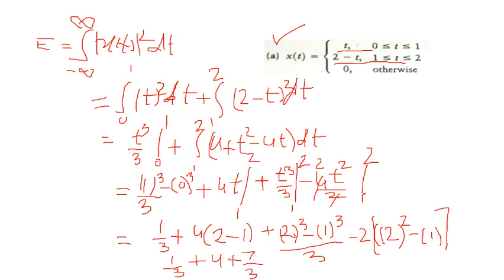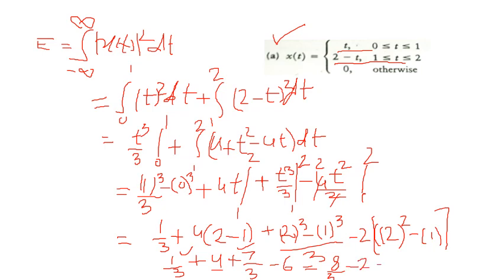Okay, and from here you get 2 2s are 4, 4 minus 1 is 3, 3 2s are 6, so you get something like 1 by 3 plus 7 by 3 is 8 by 3, and then 4 minus 6 is minus 2.